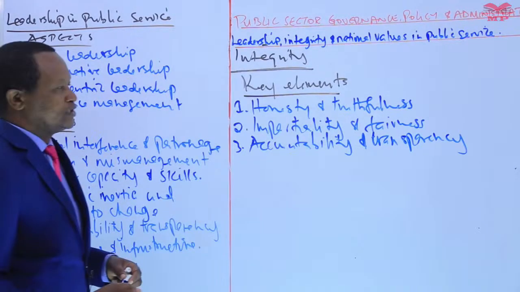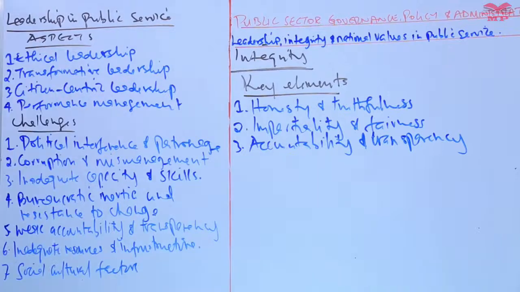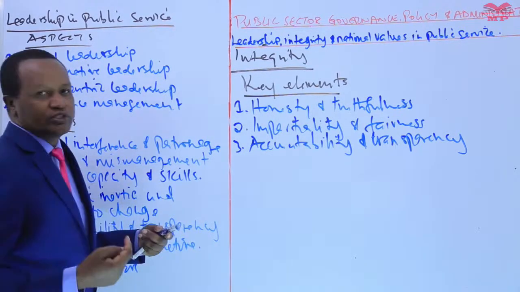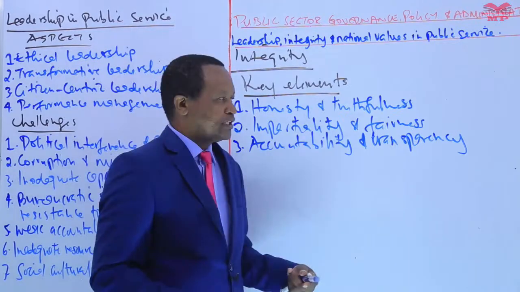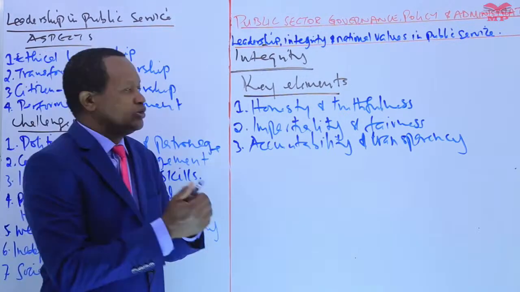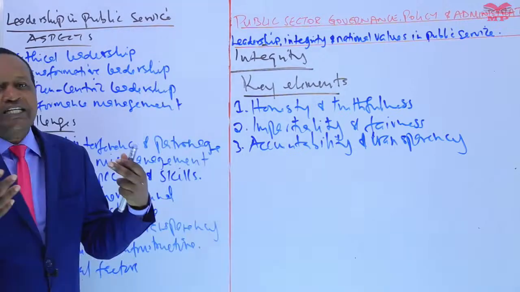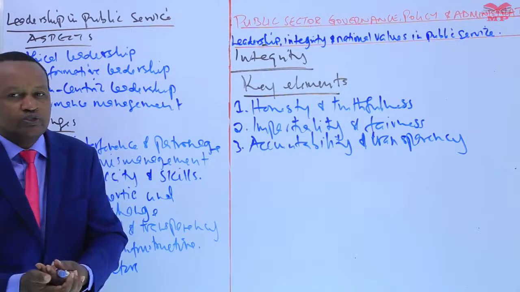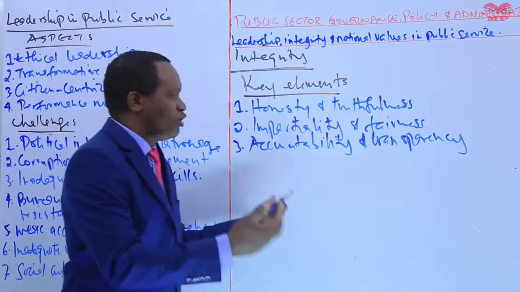Public servants are accountable for their actions and decisions and must be transparent in their dealings with the public. And that includes providing clear information about their work, disclosing potential conflicts of interest, and being open to scrutiny.